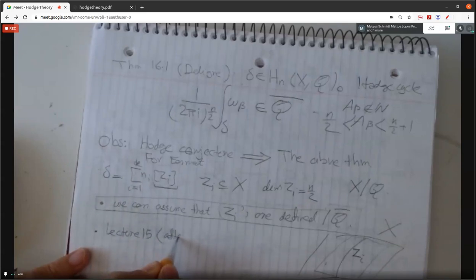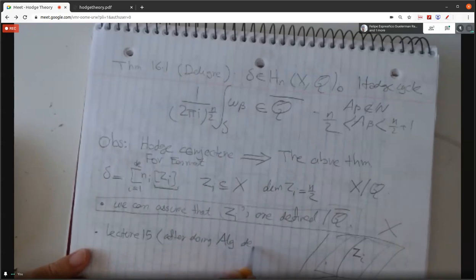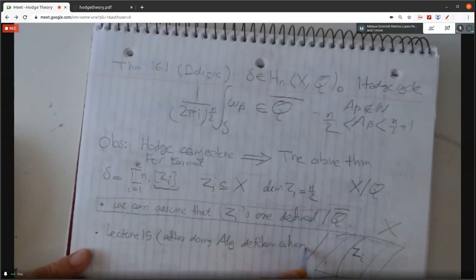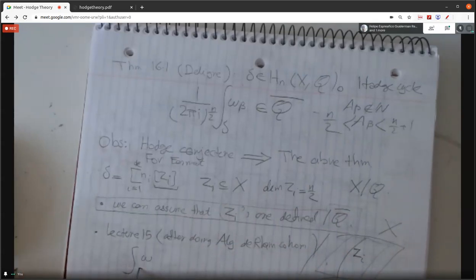After doing algebraic de Rham cohomology, remember that we proved that the integral of omega over Zi divided by 2 pi i to the n/2 is an algebraic number, when we use our differential form.